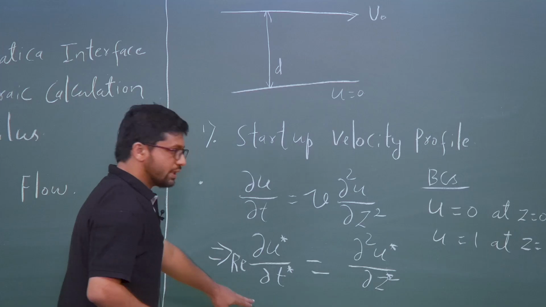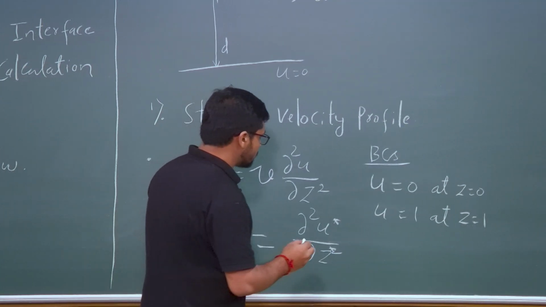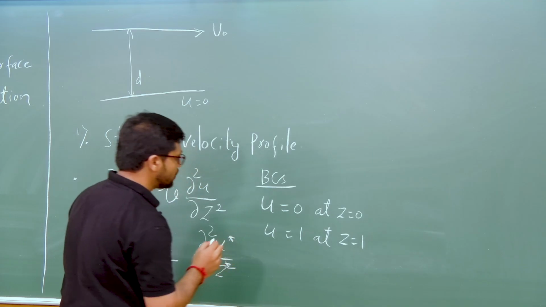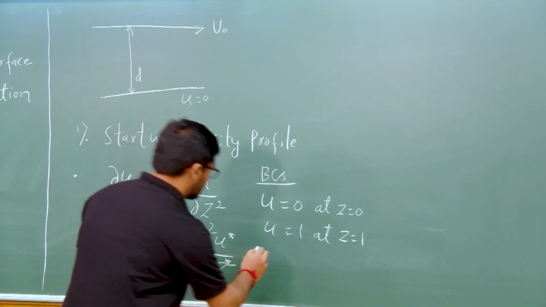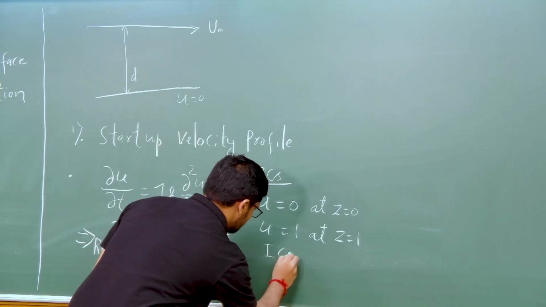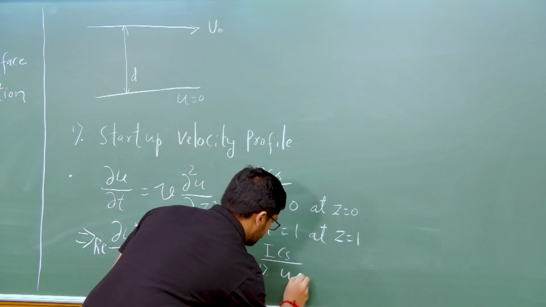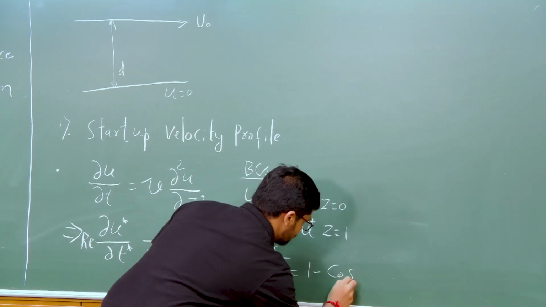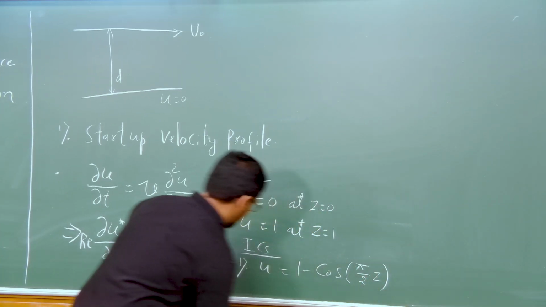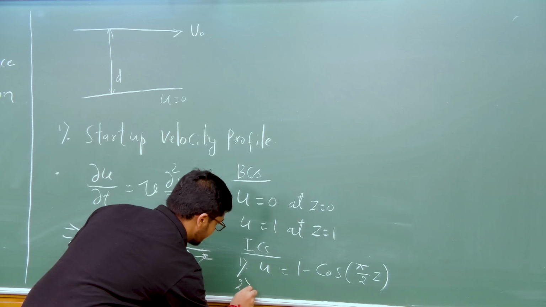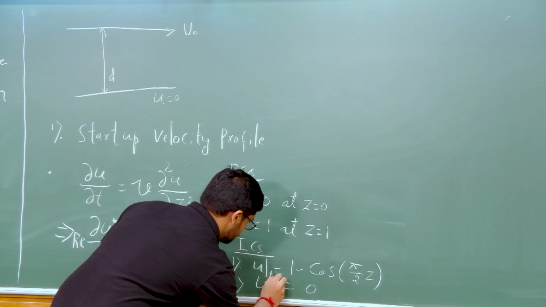The other thing is that this is a partial differential equation, so you will need an initial condition also, and we will solve for two initial conditions today. In the first case I will take u equal to 1 minus cos pi by 2 z, and in the second case I will take u equal to 0, and this is all at t equal to 0.